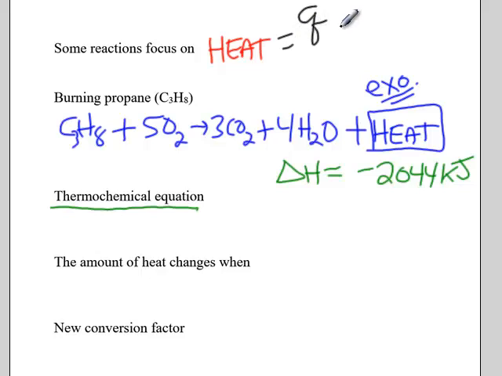So heat is Q, and Q, heat, is approximately the same thing as delta H. This is called the change in enthalpy, but when you see delta H, you can just focus on heat. So when we write the balanced equation with delta H, we have this thermochemical equation, and this implies that the amount of heat is going to change when the amount of the chemicals change.